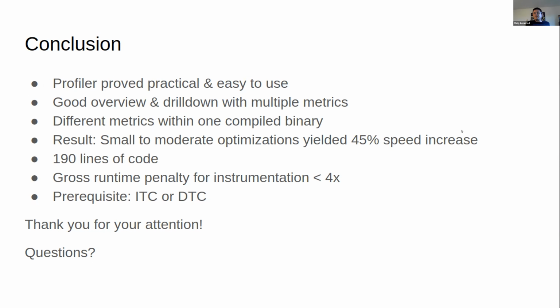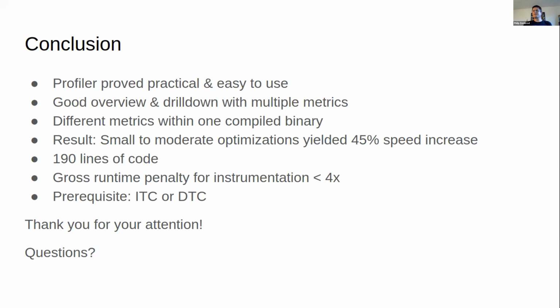Conclusion: this profile approach turned out to be actually pretty practical. I got the overview that I wanted and could get a pretty good optimization with relatively little effort. The whole profiler is just 190 lines of code.